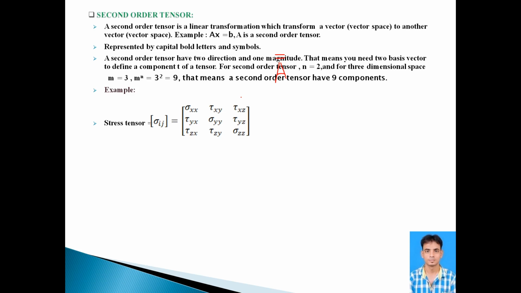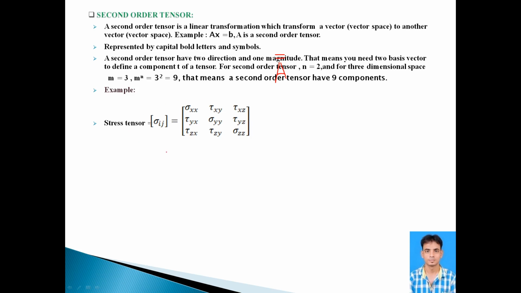The sigma ij is represented in matrix form, and it will have 9 components: sigma xx, sigma xy, tau xz, tau yx, sigma yy, tau yz, tau zx, tau zy, and sigma zz.